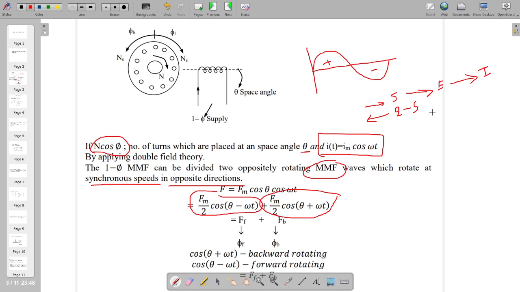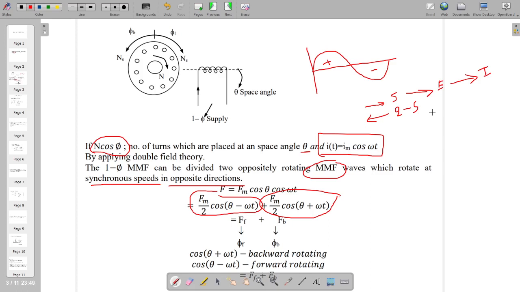In order to make the rotor rotate in either the backward or forward direction, the auxiliary winding helps the main field winding. We have two forces, the backward and the forward forces, and these forces are equal in magnitude. So in order to rotate the rotor in the machine, we add an auxiliary winding.